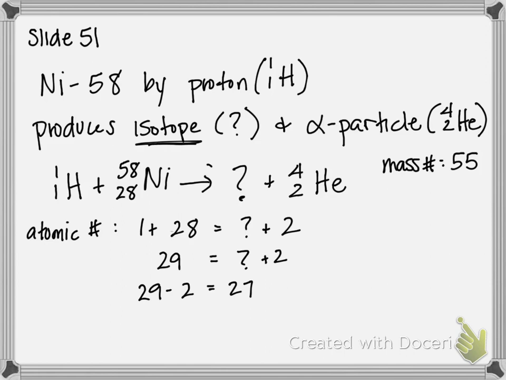And that's our mystery element atomic number. So our mass number is 55. Our atomic number is 27. Therefore, our element, if we look on our periodic table for number 27 above our element, is cobalt.